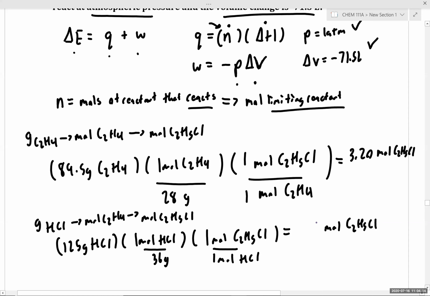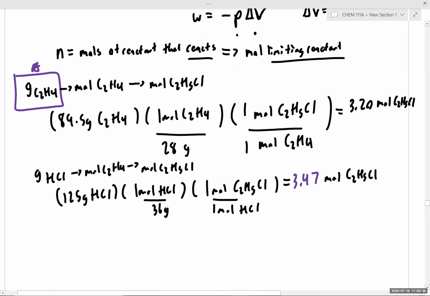Sometimes my calculator likes to accidentally carry over a digit. Yep, this should be 3.47. So comparing our moles of product, ethylene is our limiting reactant. We're just going to put a box around that. So ethylene is limiting.